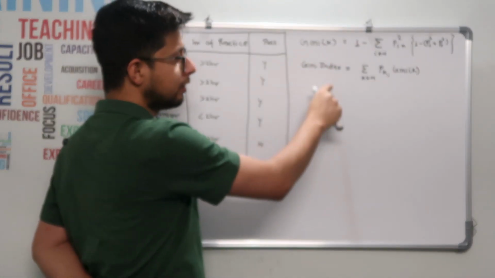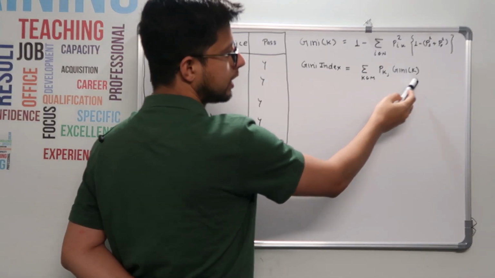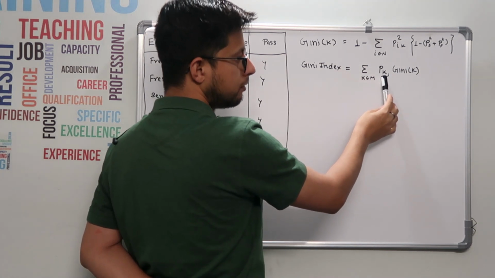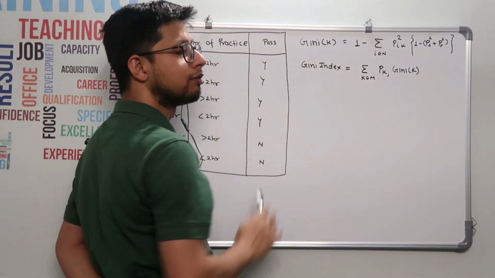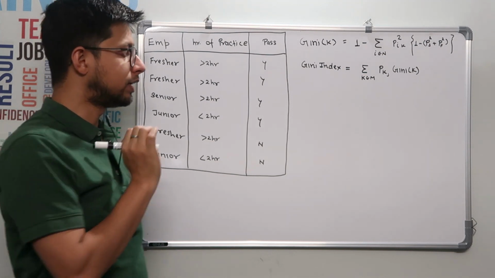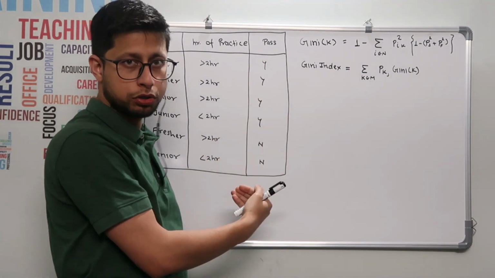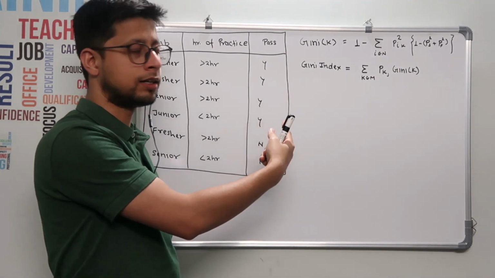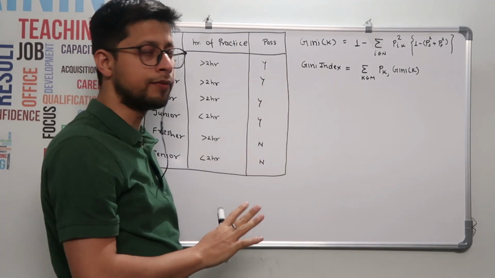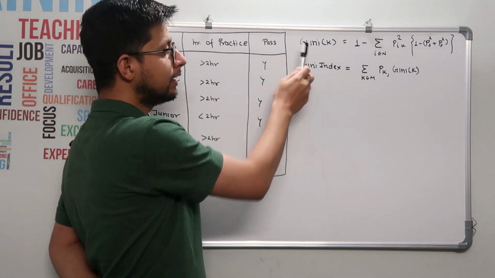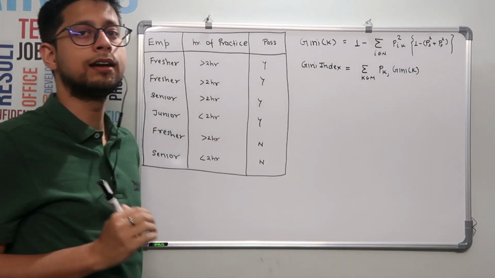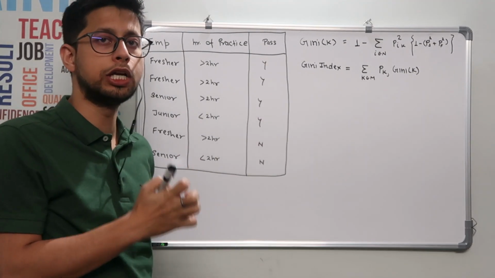Similarly we have Gini index. This is nothing but the weighted Gini. If you multiply the Gini by the probability value, that becomes the Gini index. For formula understanding, just hold on for a minute. Let me go through, and while I calculate the Gini and Gini index, then you will understand. But the meaning I described: Gini and Gini index both tell how much impurity is present in your node.